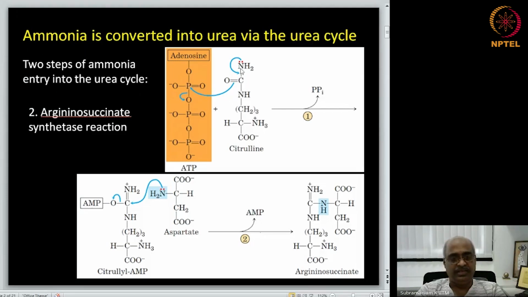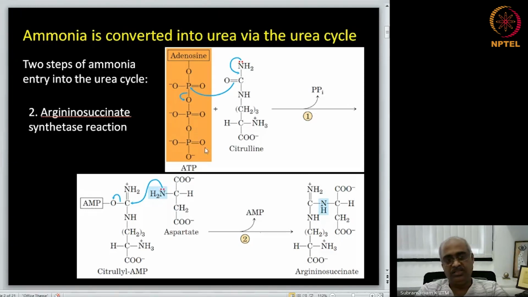This reaction is catalyzed by what is called argininosuccinate synthetase. The product is arginine plus succinic acid combined, therefore it is called argininosuccinic acid. The arginine group primarily comes from the structure of the citrulline, and the succinic acid group comes from aspartate minus the amino group.